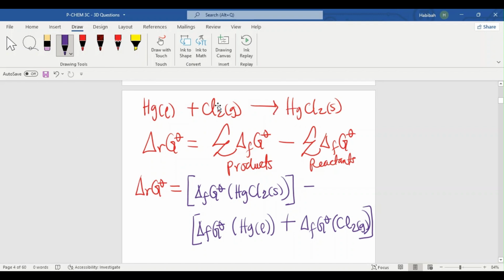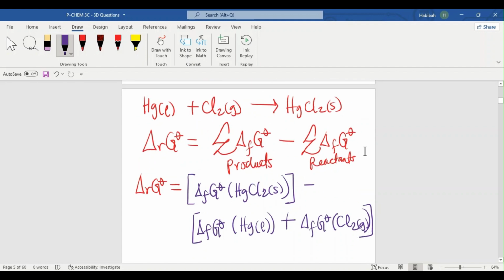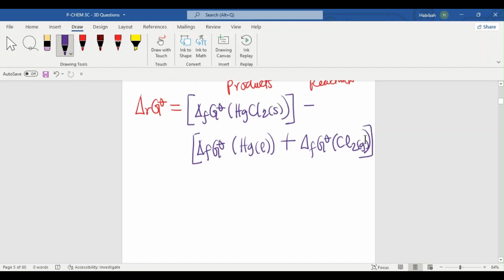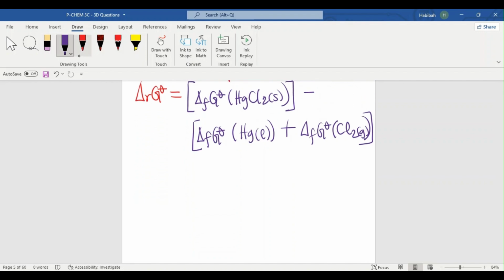So HgCl2, every single one of those compounds or molecules have their coefficients to be 1. So we don't have to rearrange further. We can just simply substitute. So you have this right here.